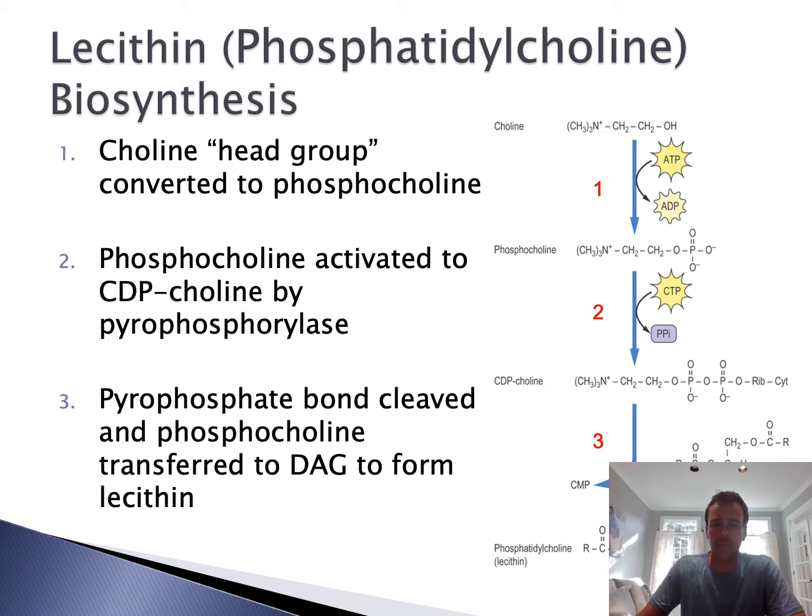Then in the third step, the pyrophosphate bond is cleaved and phosphocholine is transferred to diacylglycerol to form the phosphatidylcholine. So really the important things here to understand is you get addition of a phosphate group from ATP and then this activation by CTP.